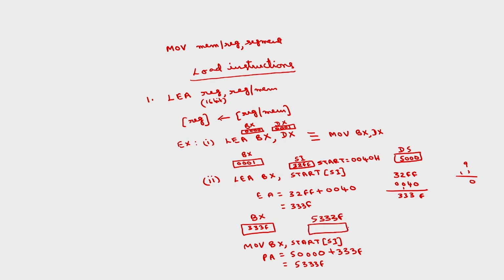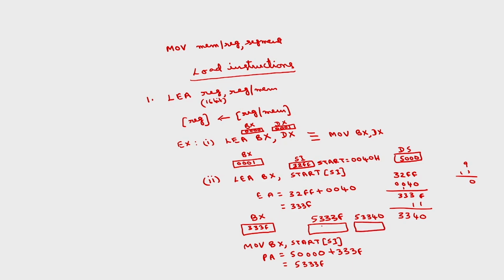From this location 5333F, if you have some data, what will be the next location? If I add 1, F plus 1 becomes 10, so this will be 53340.